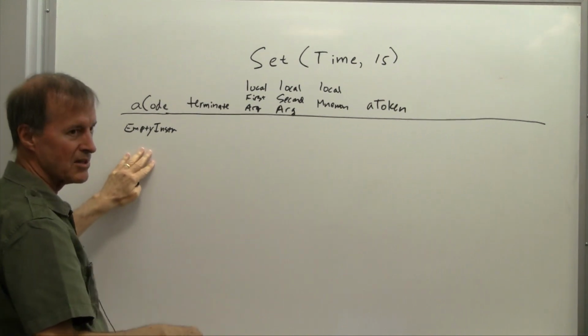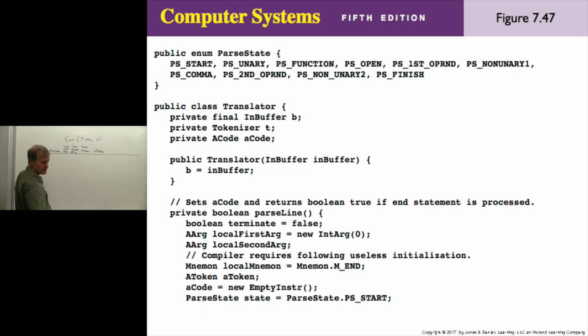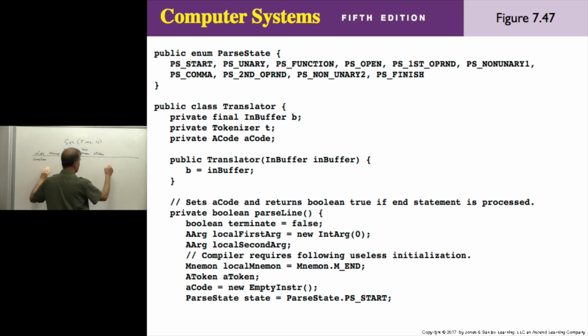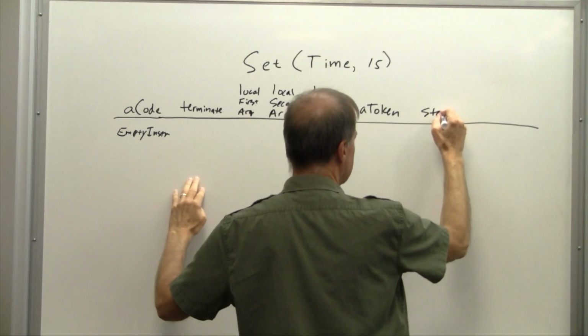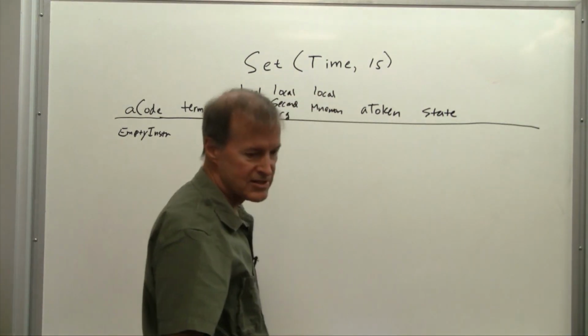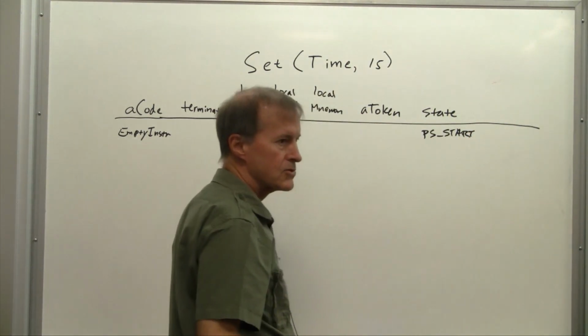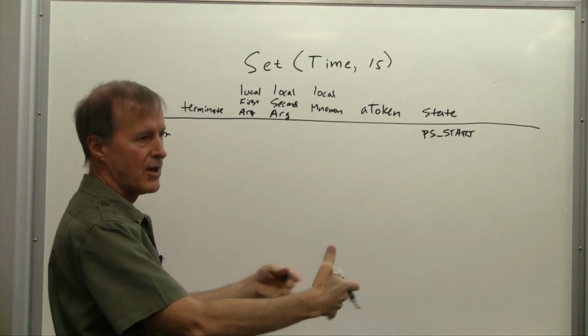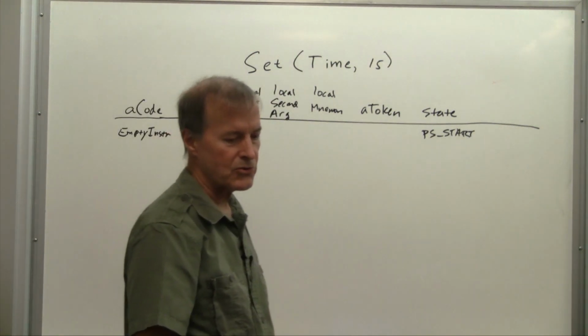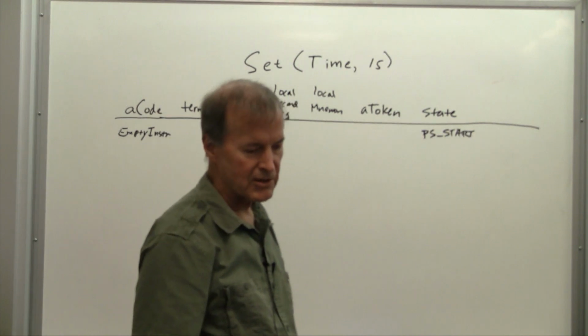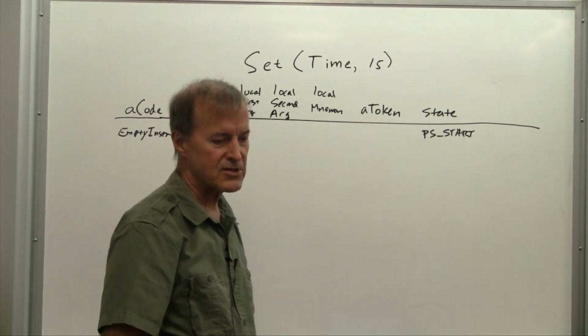We'll just say it symbolically like this: empty instruction. And then it says parse state. So now here's our state variable. And what does this state initialize to? All right. So these are all the values of all of our variables when we're starting to go through this parseLine.